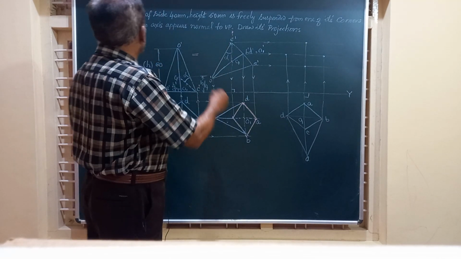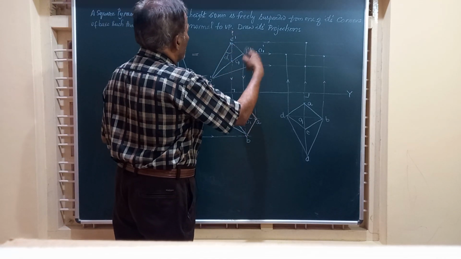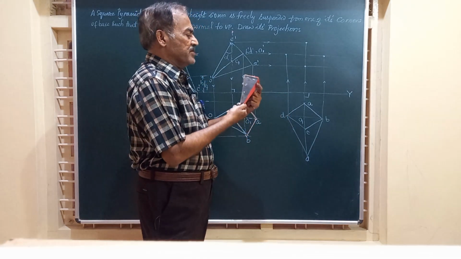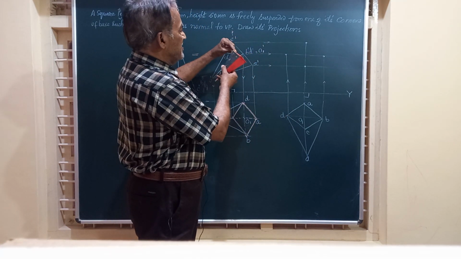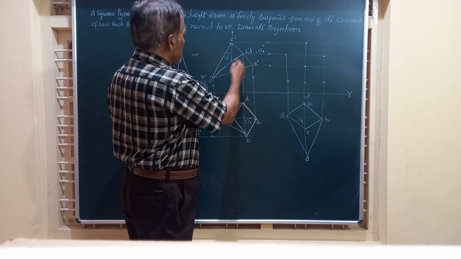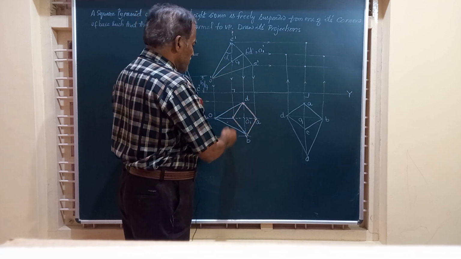Now friends, in the question it is said that the axis appears normal to VP. So we had this pyramid like this, which was kept like this, and now friends, the axis is here coinciding with this line. Now that is parallel to VP.